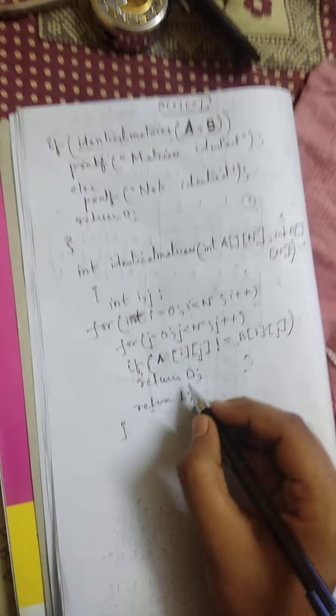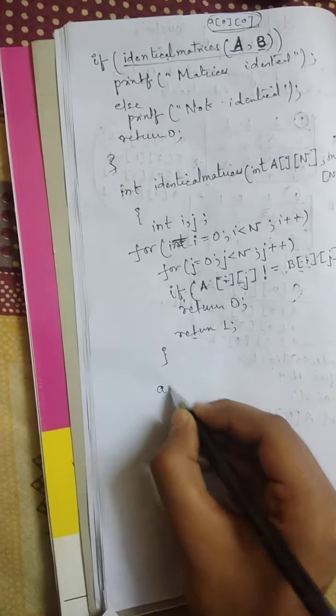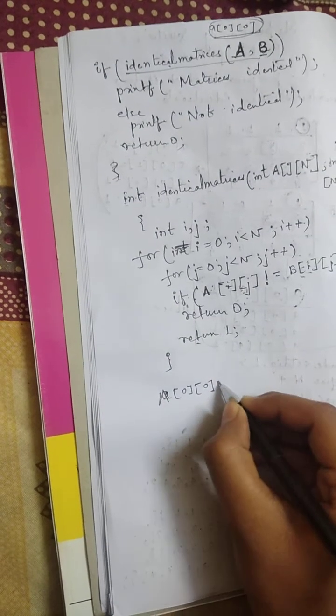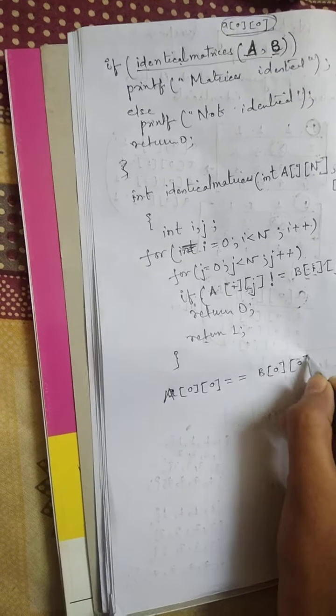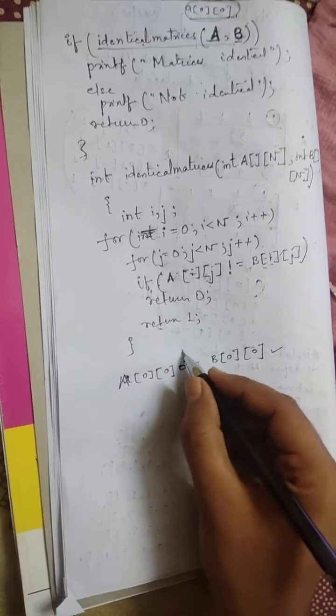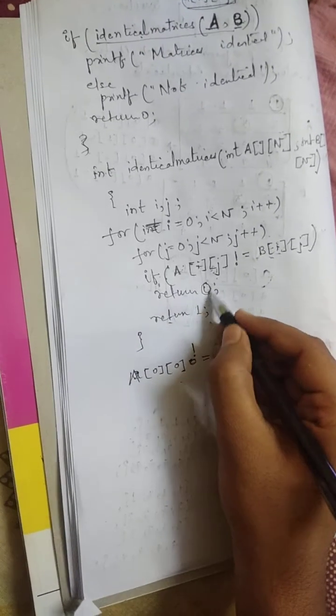Now you can see that this function will return based on whether the values are identical. If a 0 0 equals b 0 0, then we say that this is identical. But if it is not identical, then it will return false, that is 0.